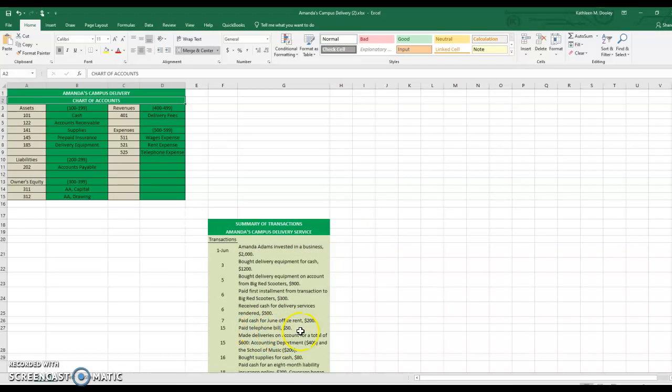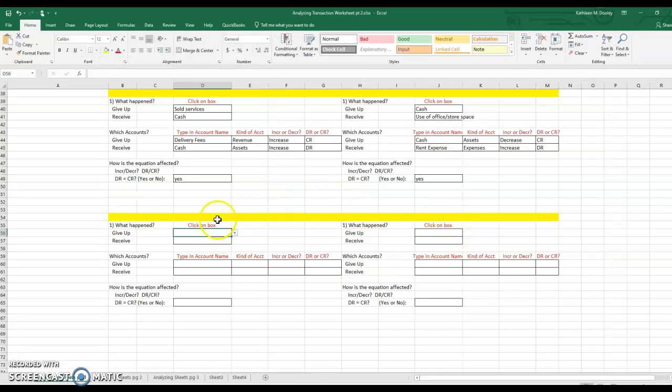Okay, next one, we paid the phone bill. Okay, so we gave up cash. And we received, in exchange, the use of the phone.